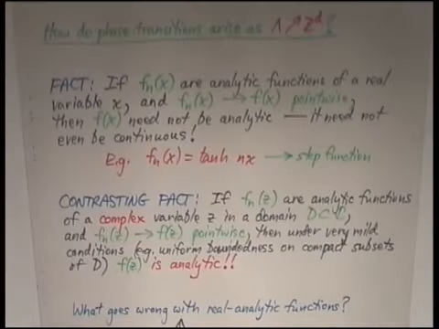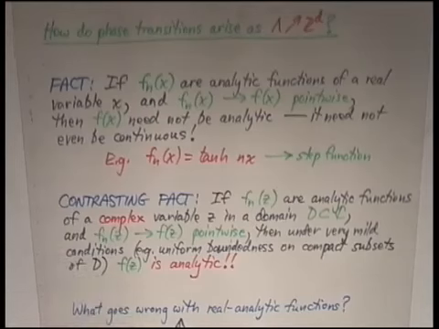And of course that's, from a mathematical point of view, what we see here: think of n as the volume, and Fn of x, let's say the magnetization as a function of external field. If Fn of x are analytic functions of a real variable x, and Fn of x converges to f of x pointwise, then the limiting function need not be analytic, it need not even be continuous.